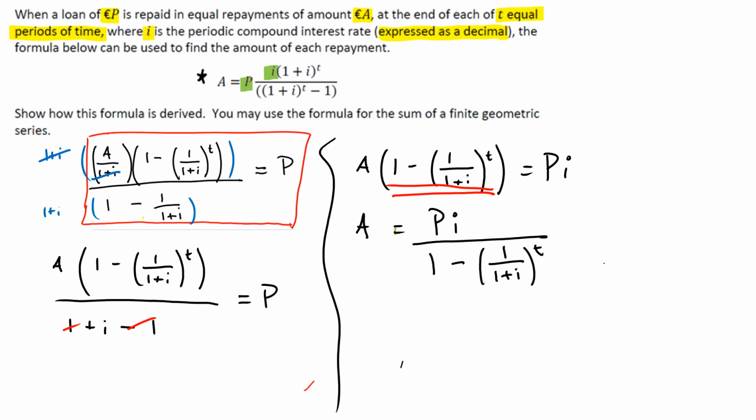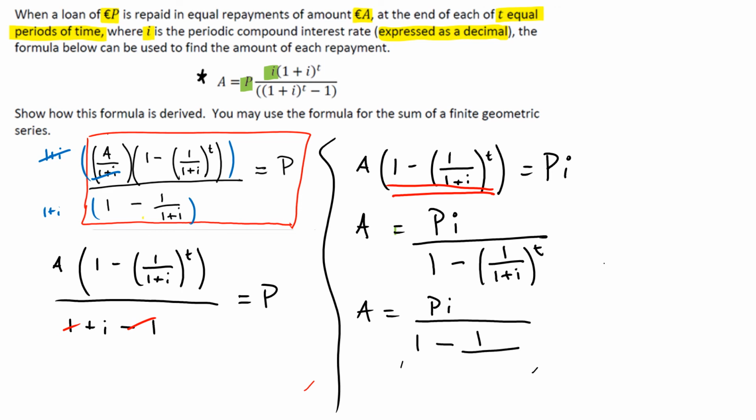So what we're missing is a 1 plus i to the power of t on the top. So what we can do just to tidy this up a little bit is I'm going to leave the P i up the top. I'm going to break up this fraction because 1 to the power of anything is going to be just 1.